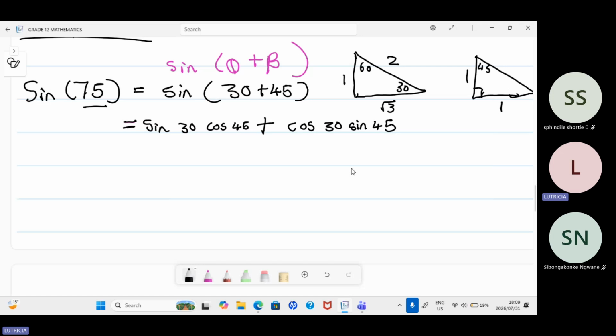Here we're gonna look at the first one, sine 30. The value of sine 30, we come here to our triangle.